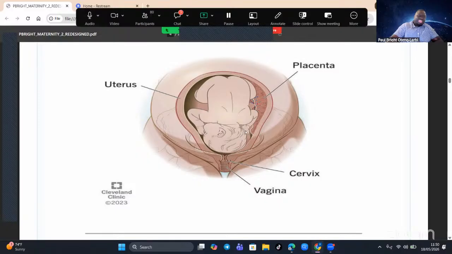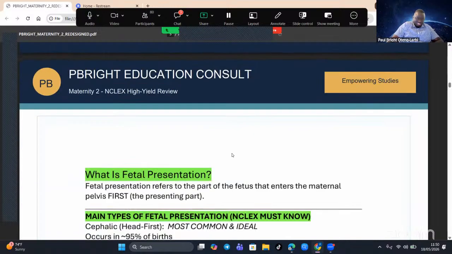This is the front of the head, and this is the back. This is a cephalic. The head entered the pelvis first, but the back of the head came before this. So we call it the vertex presentation.